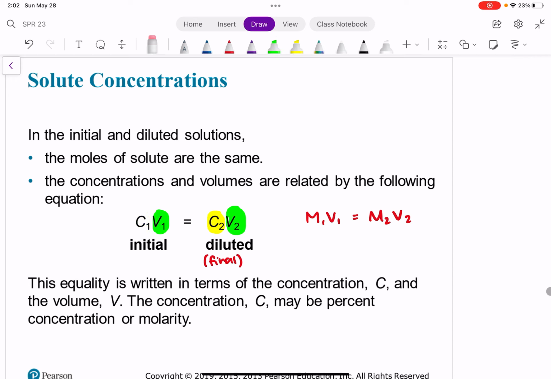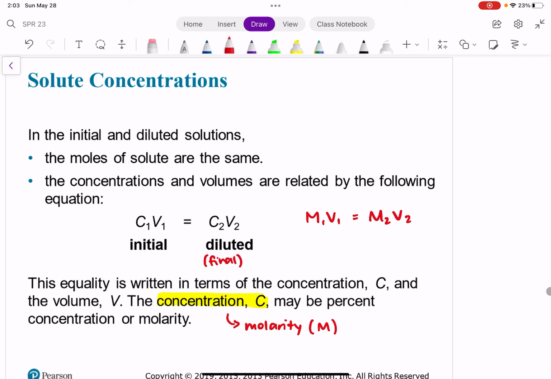Your book says C1, C2 instead of M1, M2. The reason for that is that your book talks about several different ways that you can calculate concentration. But for our class, we really only are going to focus on molarity, which is a type of measure of concentration. There are other ways to measure or express concentration, but since we work with moles so often, we're really only going over molarity.